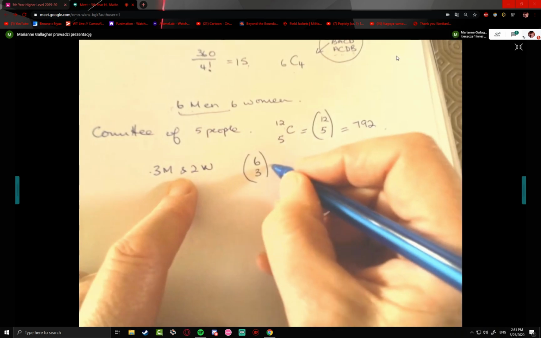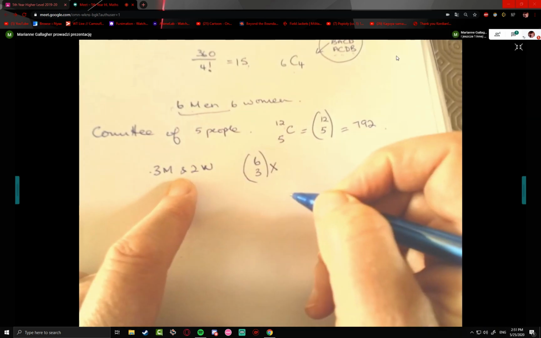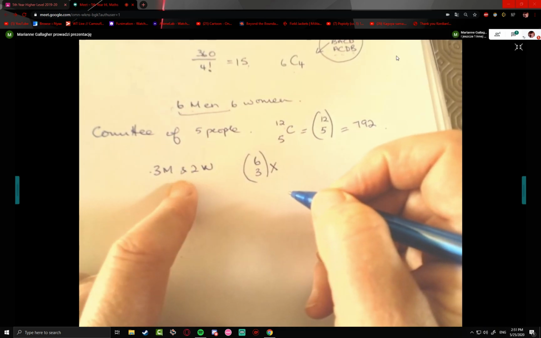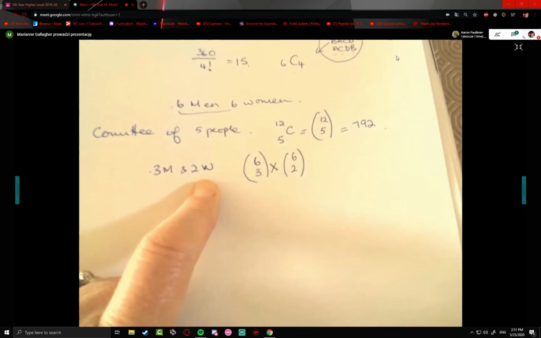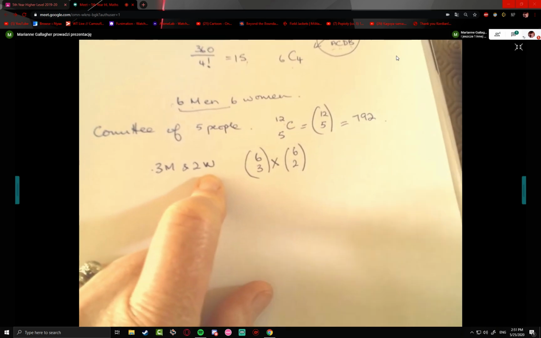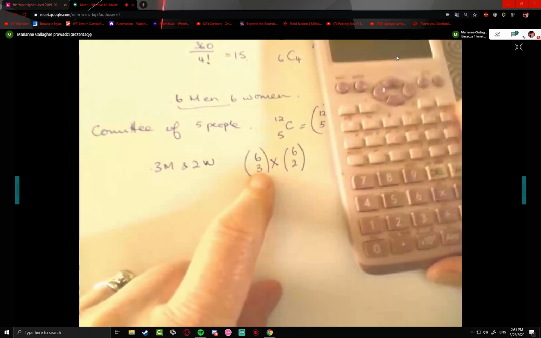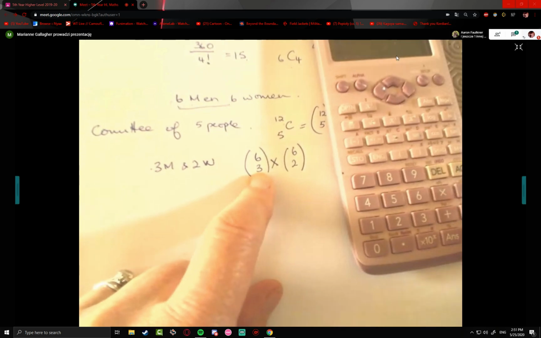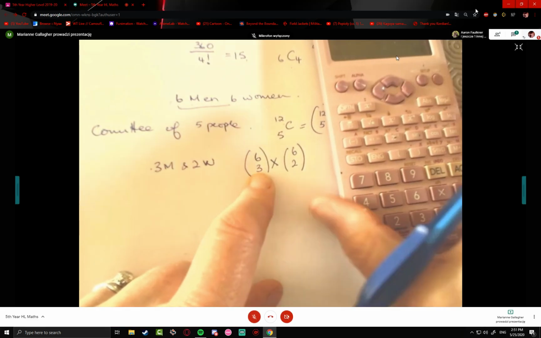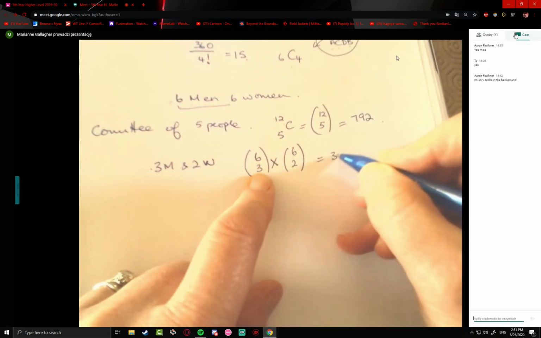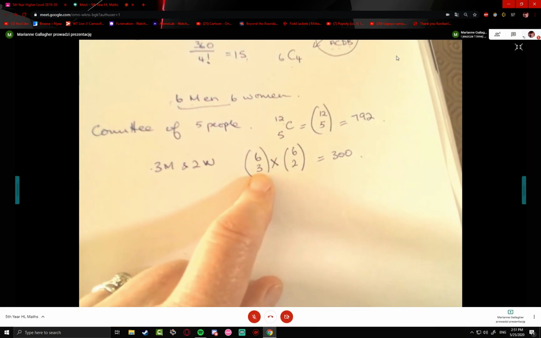And for every 3 men, I'm going to have 2 women, so that's multiplied. Then out of the 6 women, I'm going to choose 2 of them. So there's going to be fewer ways to do this now because I'm more restricted. Does that make sense? Have you any questions about that? So now there's only 300 committees.